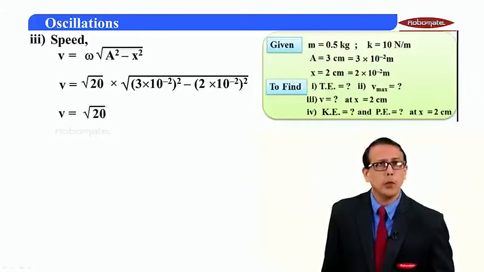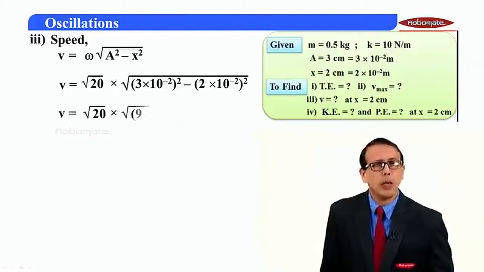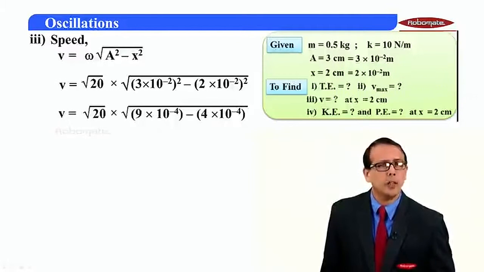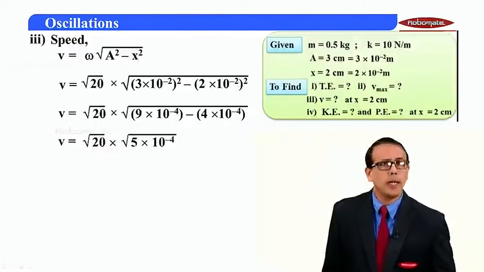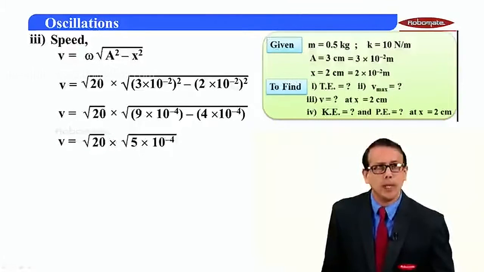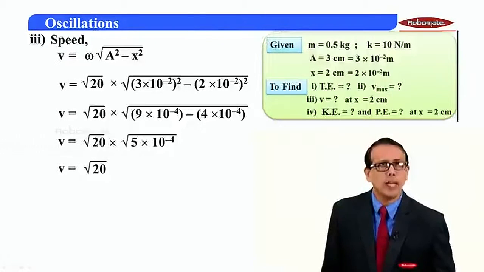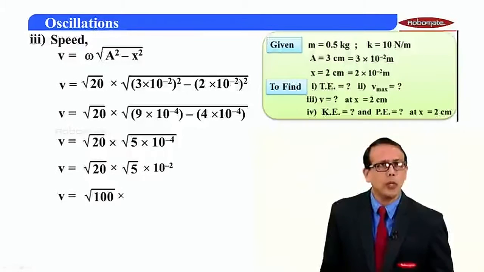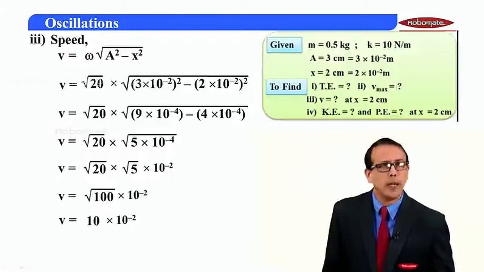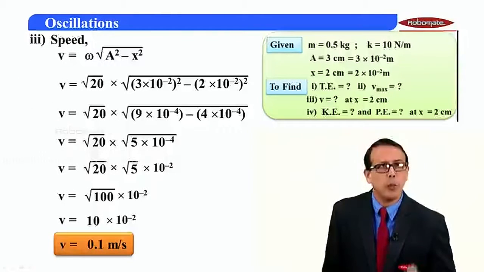So v becomes root 20 into, on squaring the terms we get 9 into 10 raised to minus 4 minus 4 into 10 raised to minus 4. On subtraction this becomes root 20 into root 5 into 10 raised to minus 4, which is further written as root 20 into root 5 into 10 raised to minus 2. Root 20 into root 5 is root 100 and root 100 is 10, that is 10 into 10 raised to minus 2, which can be written as 0.1 meters per second.